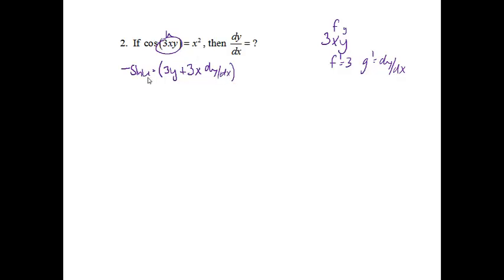Okay, and then I'm just going to replace my u back in, so this is going to be negative sine of 3xy times 3y plus 3x dy dx, and then equals the derivative of x squared is 2x.